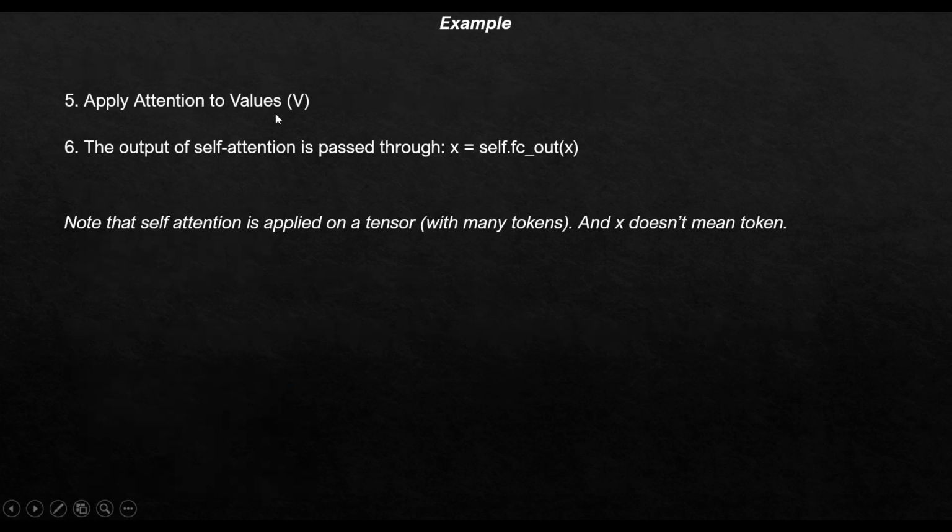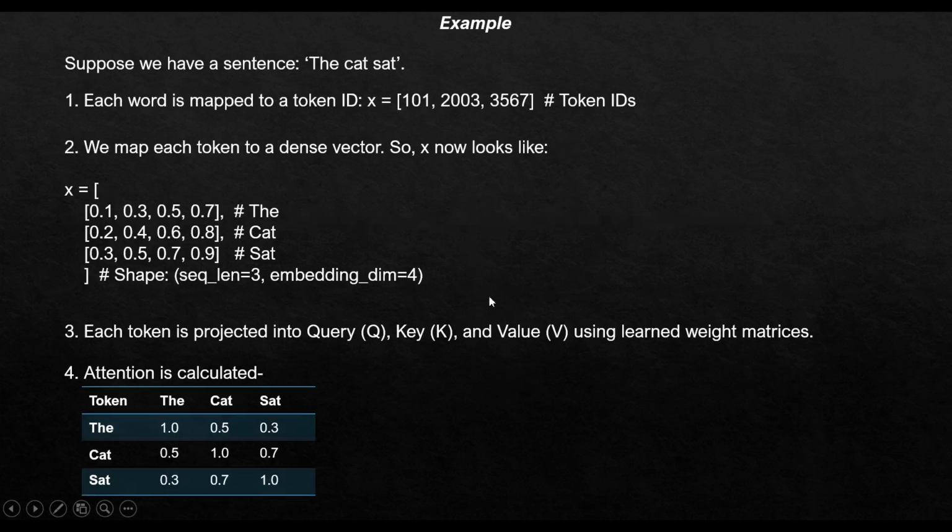Then finally you apply attention to the values, and the output of the attention is passed through the linear layer. Just a little side note which confused me when I was first learning it: X here is not a token. What we're passing is a tensor, and a tensor has many tokens.